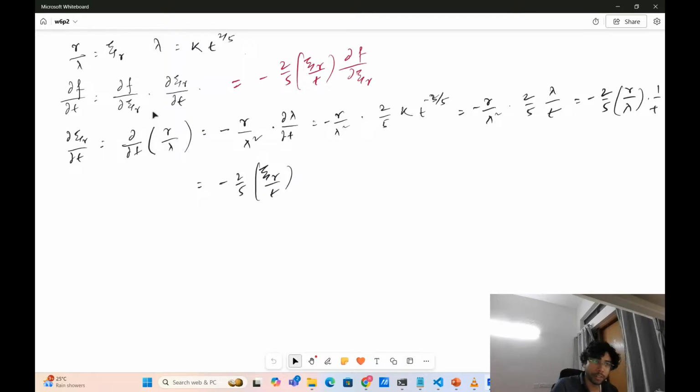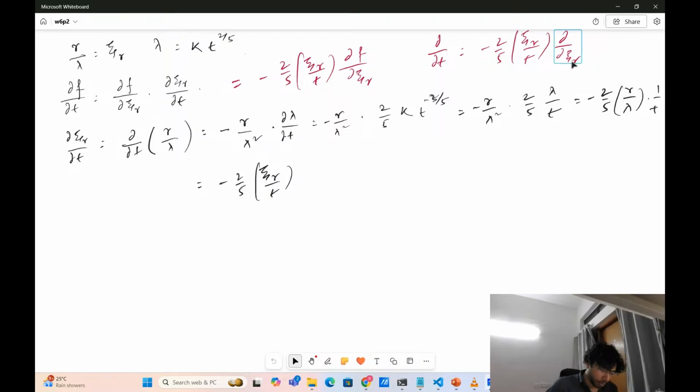So that's why we can write del t is equal to minus 2 by 5 psi r by t del psi r. Okay. So this is just from simple chain rule differentiation arguments. We just showed that del t could be represented in terms of psi r, del psi r.